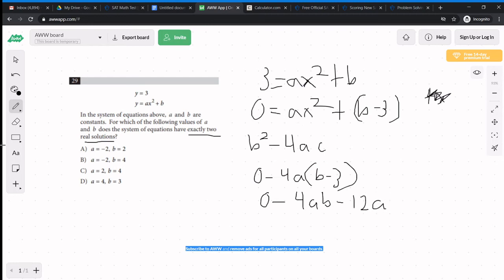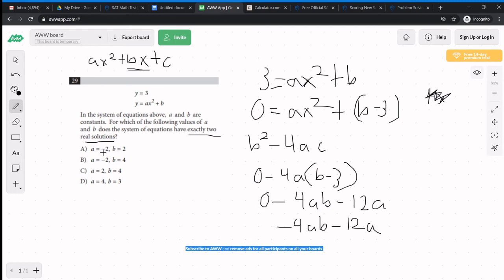Again, just want to reiterate, the normal form is ax squared plus bx plus c. And so because we don't have this entire thing, that means that this b value is 0, which cancels this entire part out. The c value is going to be b minus 3. Just want to make that clear. And so now we have negative 4ab minus 12a.